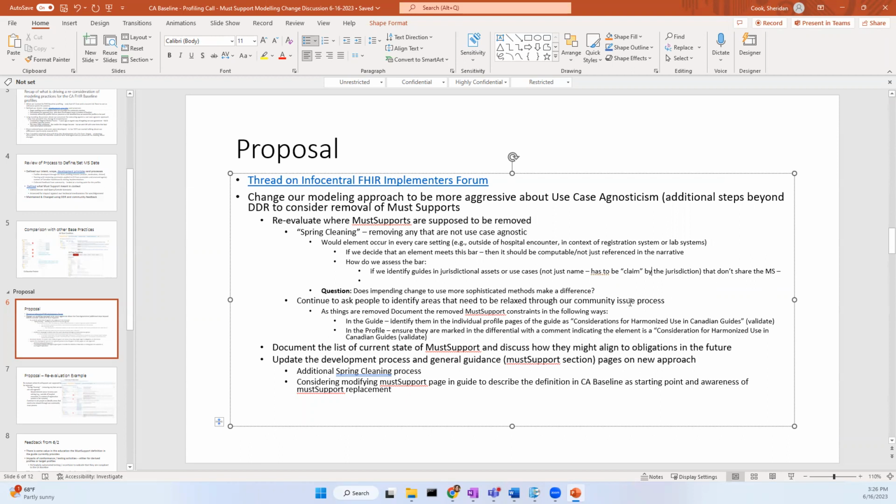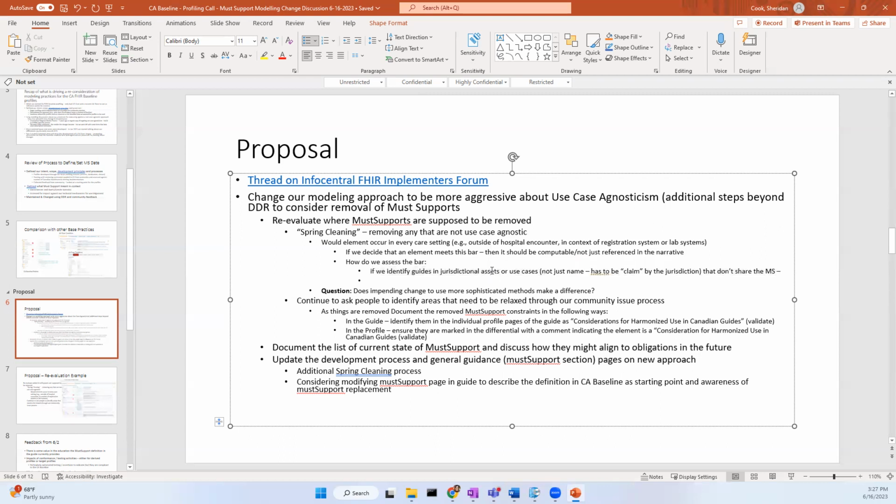So that's this portion down here, right? Identify areas through a community issue process. And then this is a secondary piece, which is just documenting what we're removing, which is similar to what we're doing right now. So, does that meet our bar? I think they're together.